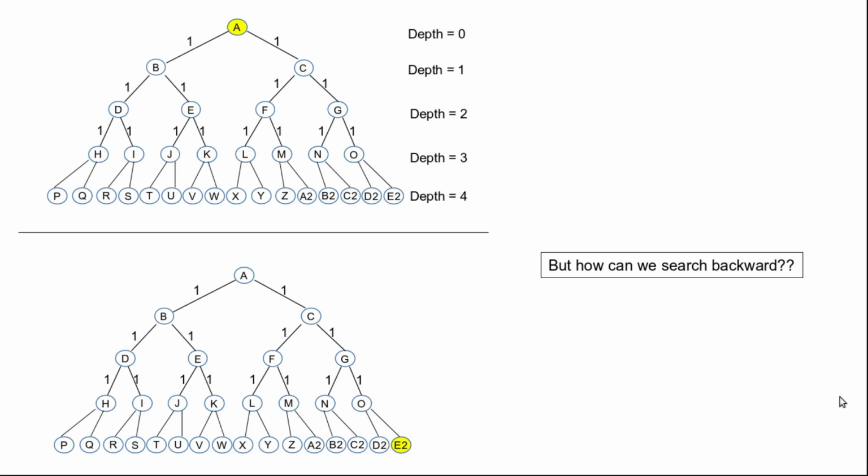But how can we search backward? To search backward, we have to start at the goal node and then proceed in the backward direction. If you remember, in the problem statement we have the actions for each state in the forward direction. So from a given state, what are the next states we can go to?